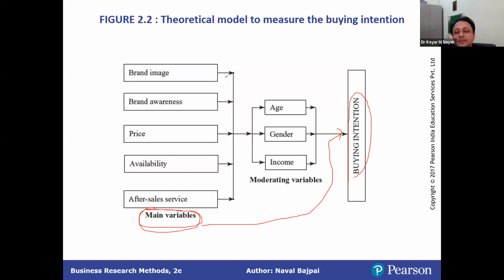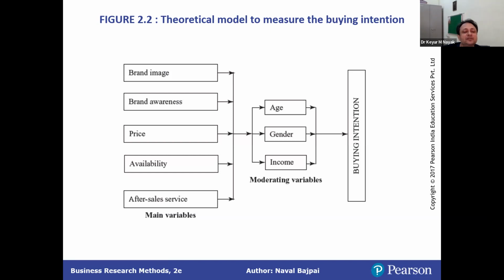Brand image of the company affects my buying intention. Yes, Shamiksha ma'am has given answer. So it's an example of causal research design. If a product price is very high, it affects my buying intention.